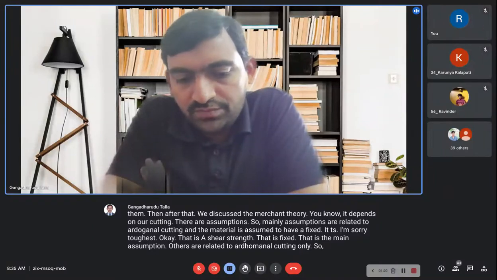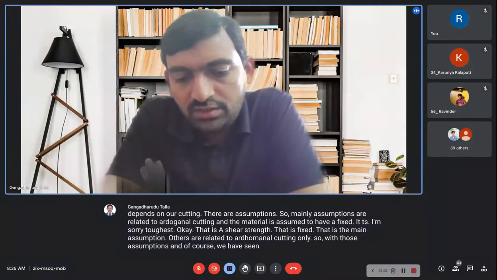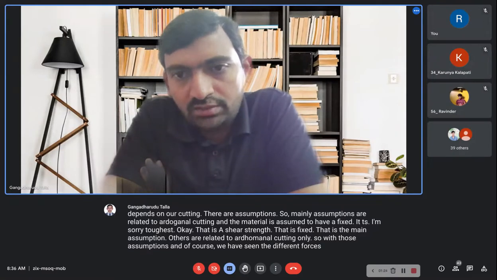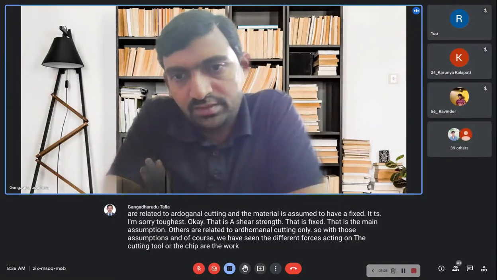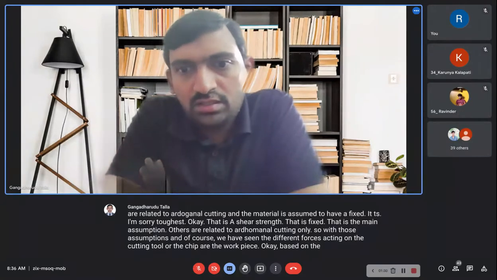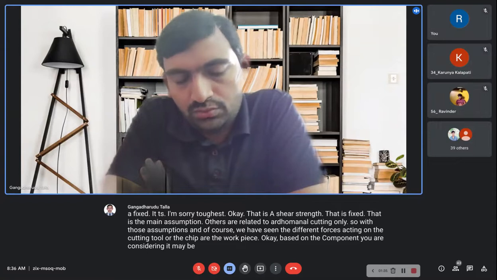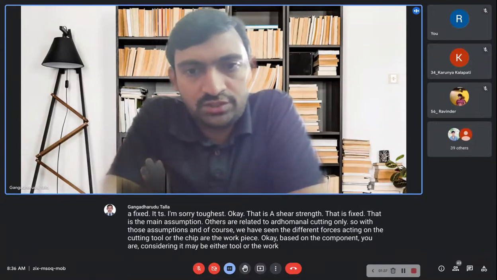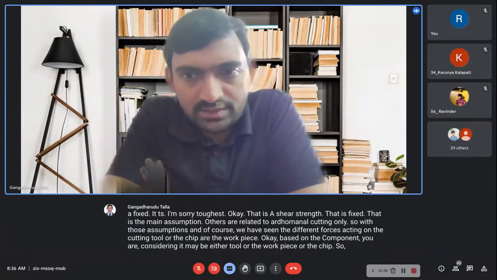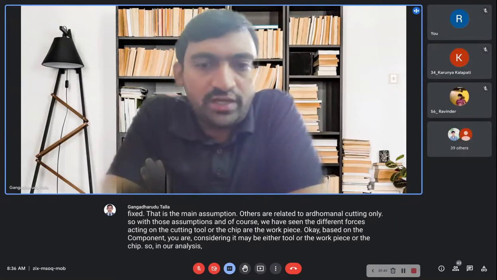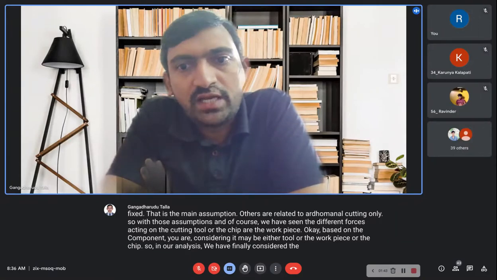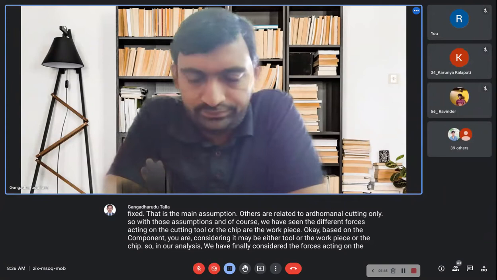So with those assumptions, and of course we have seen the different forces acting on the cutting tool or the chip or the workpiece. Okay, based on the component you are considering, it may be either tool or the workpiece or the chip. So in our analysis, we have finally considered the forces acting on the tool.